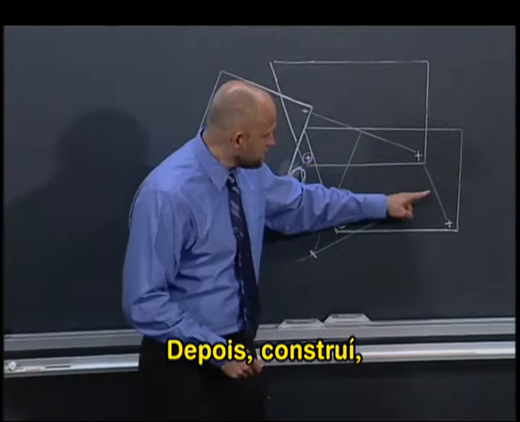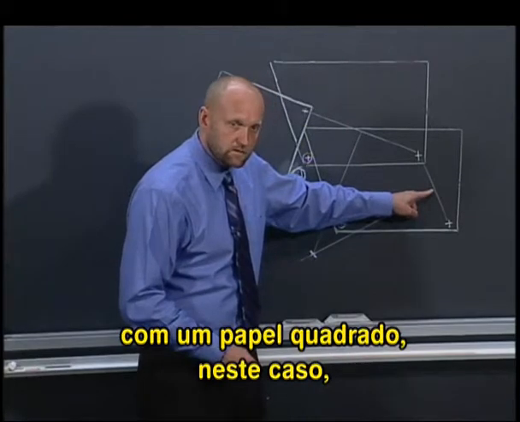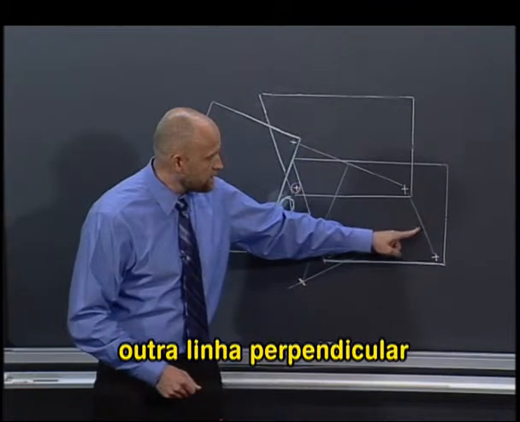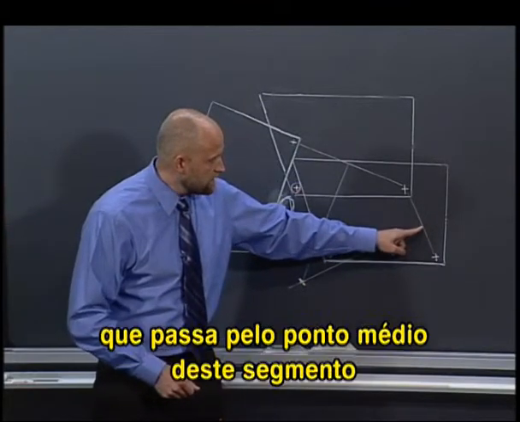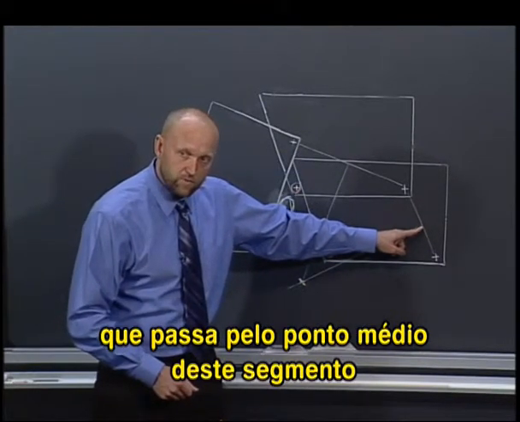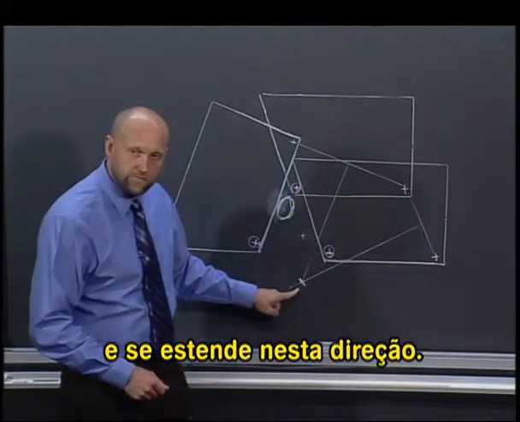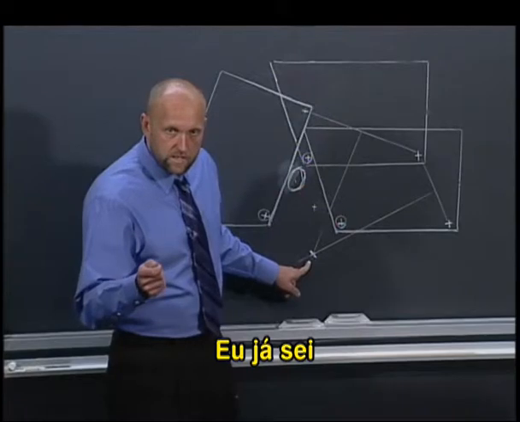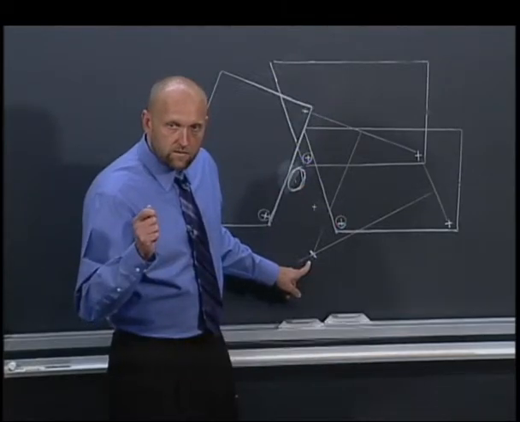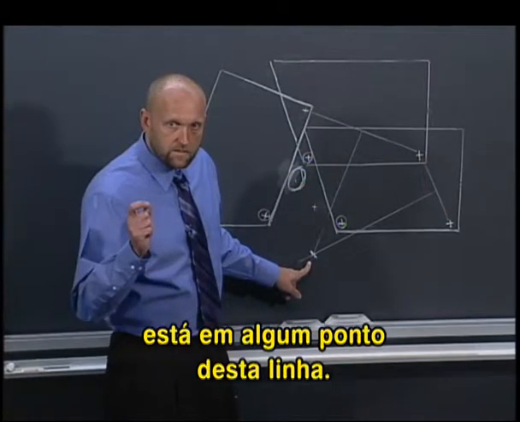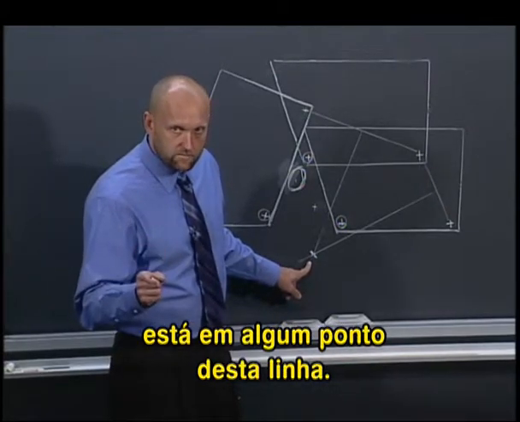Then I constructed with a square piece of paper another line that's perpendicular and goes through the midpoint of that segment, and that extends out in this direction. Now, what I know is that my joint, the center of the circle I need, is somewhere along that line.